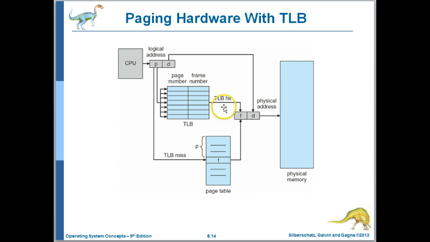If we get a hit, then that frame number from the TLB is used. Otherwise, if we get a miss, then we perform a memory access to access the corresponding entry in the page table, which would likely be placed into the TLB at that point, and then the frame number from the page table is used for the physical address.